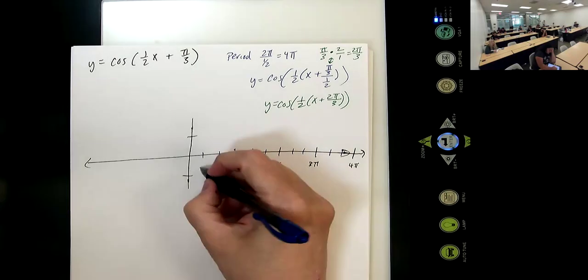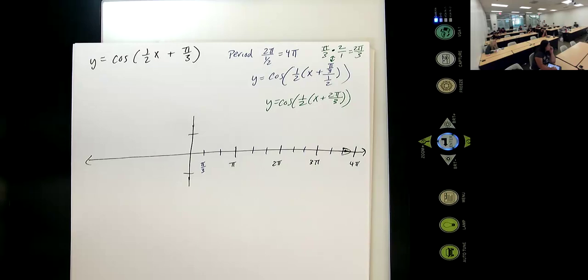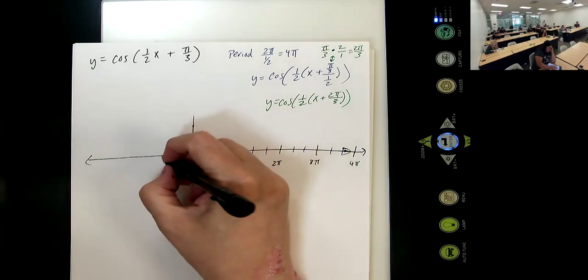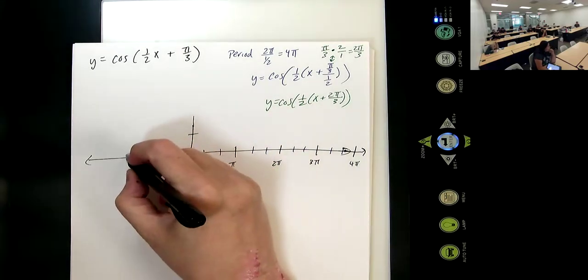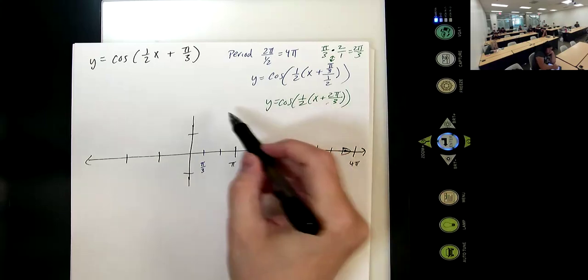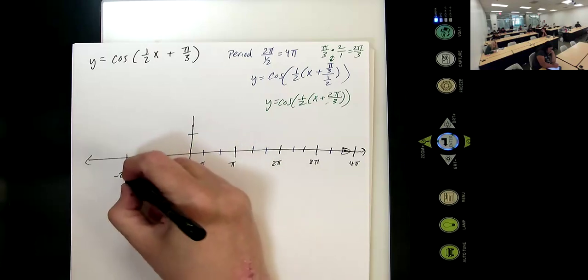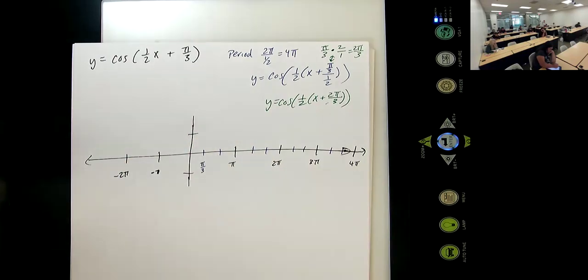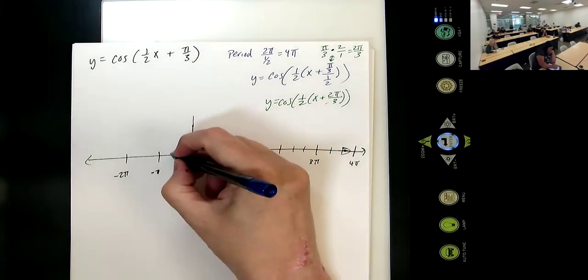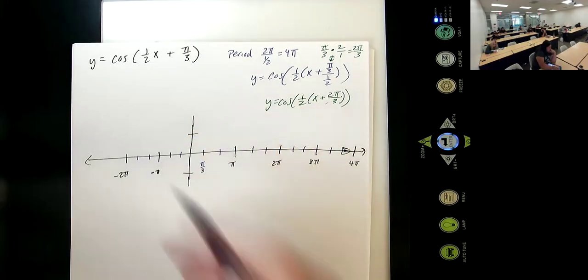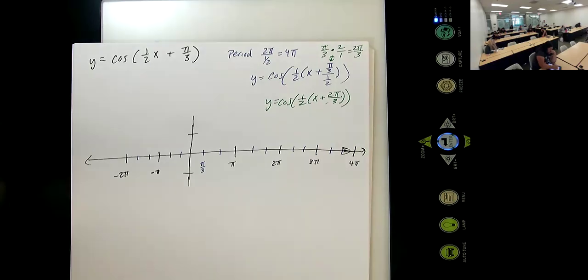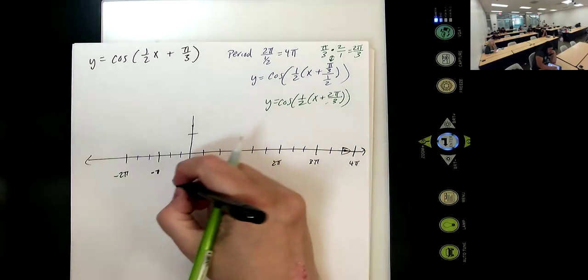Each of these little mini lines is pi over 3 in distance. This is going to help me translate afterwards. I know I'm adding, so I'm going to be moving left, so I left more room on the left. It doesn't look like I have any scaling on my amplitude, so the height stays the same.